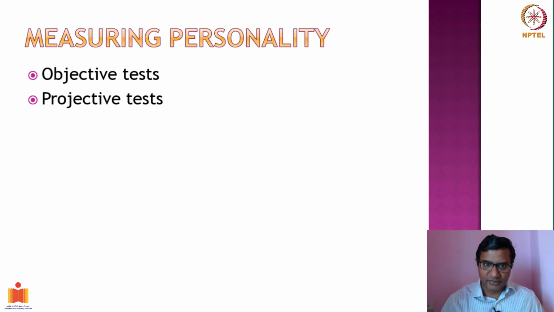There will be fixed questions and there will be either yes or no answers to these questions, or a scale which measures completely agree, completely disagree, and there will be different levels in between. Many of you would have seen those tests also. They are like survey questionnaires. So that is one group. Many a times this trait and type theory way of measurement involves objective tests.